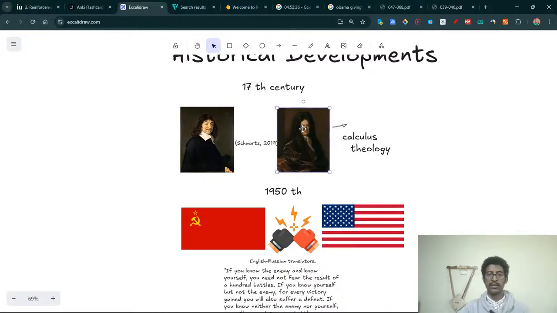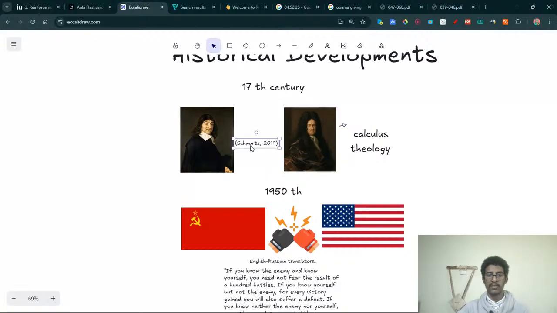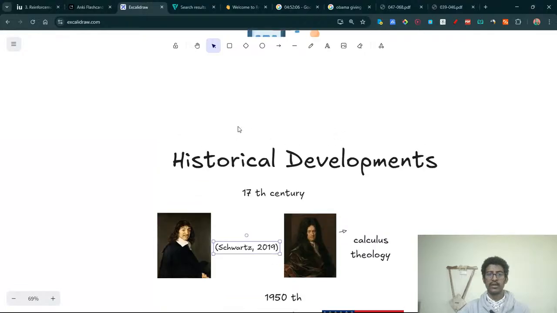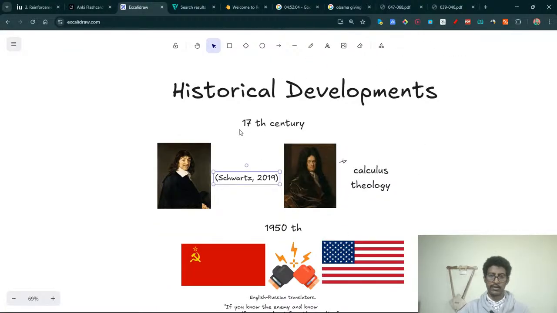Leibniz is a theologian who invented calculus independently, and according to this resource, I haven't done a lot of research on the claims. So according to this person, in the 17th century, René Descartes and Leibniz contributed to what we call natural language processing.